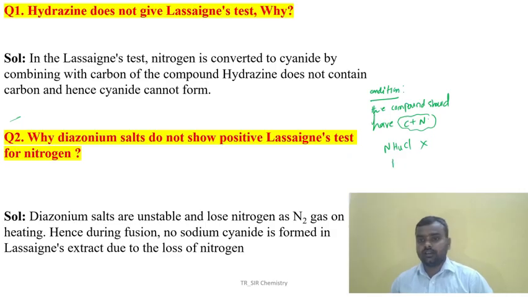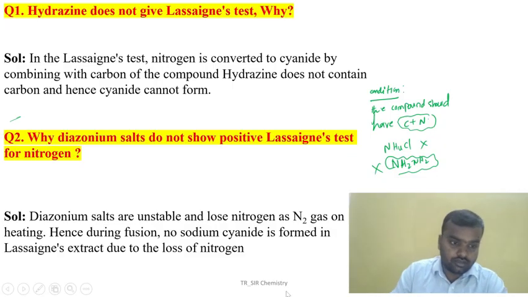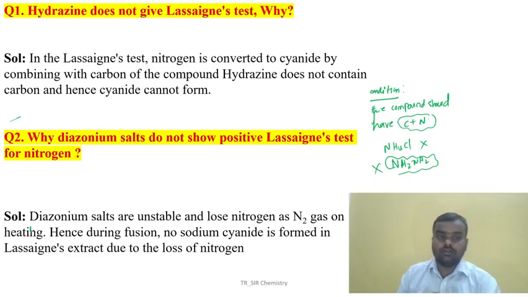If I take NH2NH2, this is hydrazine, here also carbon is not available, so this will also not exhibit the Lassaigne test. The condition is that the given compound must have carbon along with the nitrogen. Then only it will exhibit the Lassaigne test.